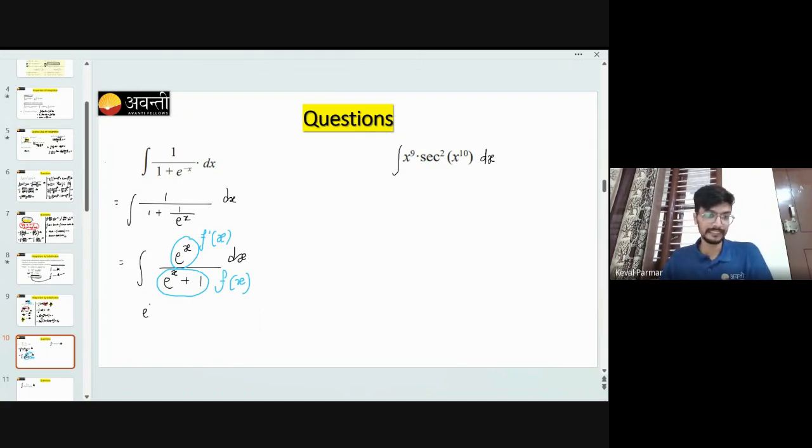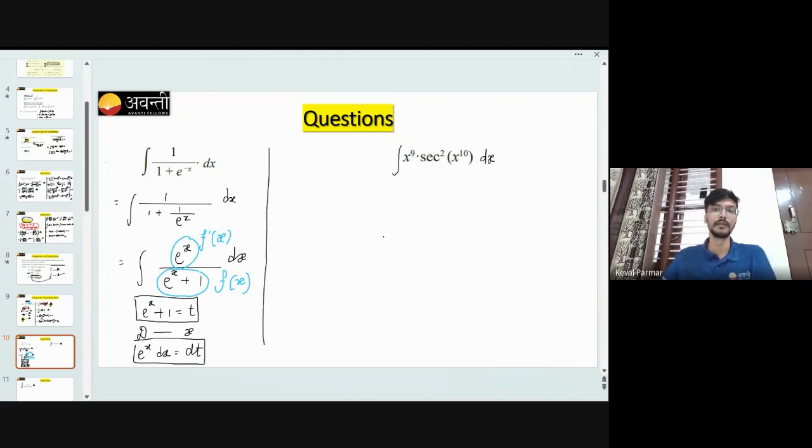That means e raised to x plus 1 is equal to t. If I differentiate with respect to x, I will get e raised to x is equal to dt by dx. And if I cross multiply, I will get e raised to x into dx equal to dt.